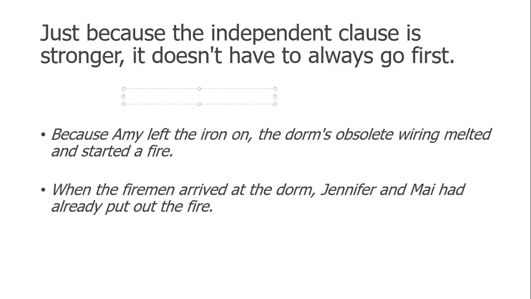It starts with a subordinate conjunction, and the sentence is followed by a comma and the DC and the IC part. So you can also write like this. You can start the sentence with a subordinate conjunction, dependent clause, but we need a comma here.